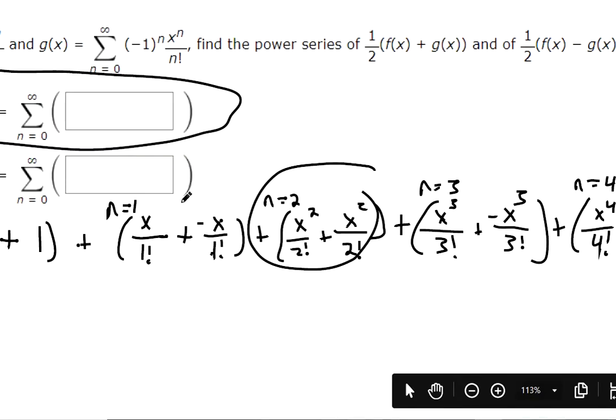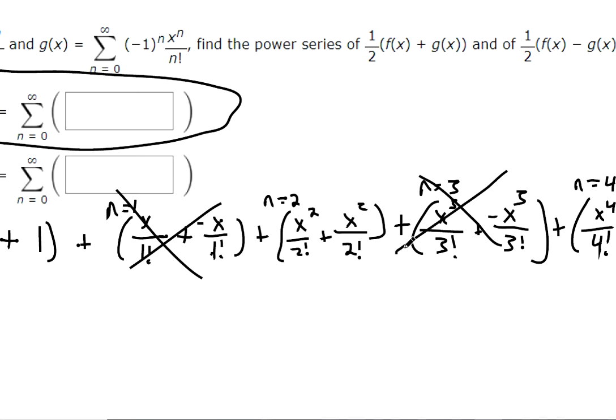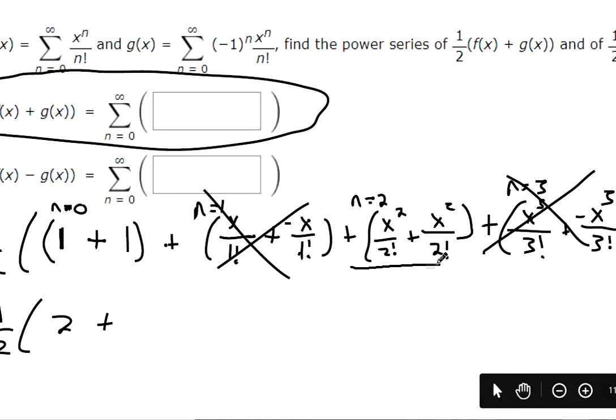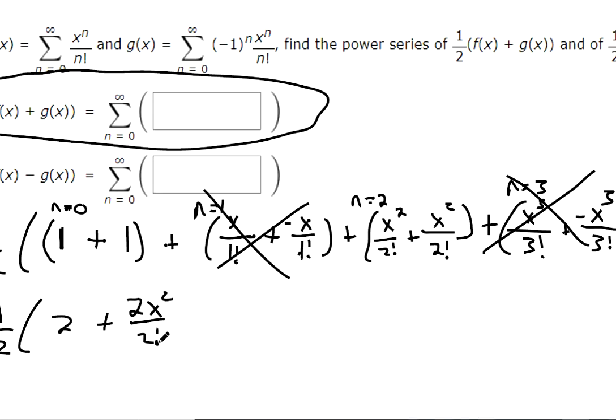This term survives, this term doesn't, this term doesn't. Oh, sorry, first, I forgot this is 2. But the n equals 2 term survives. That's 2x to the second over 2 factorial.